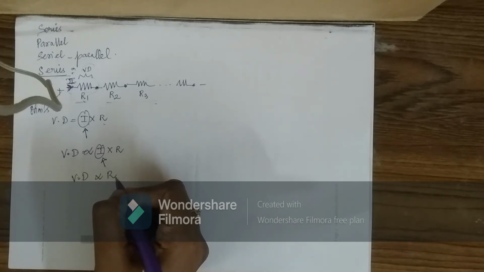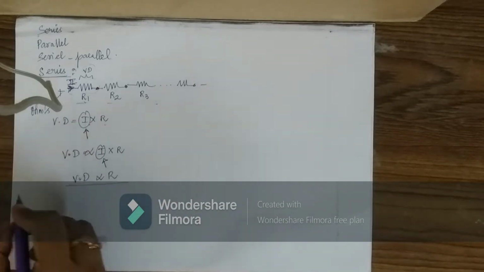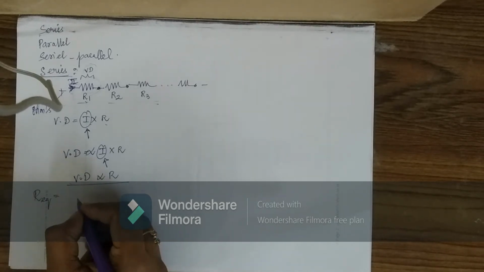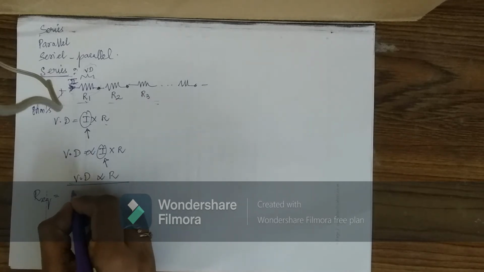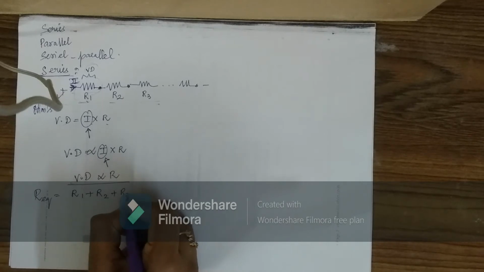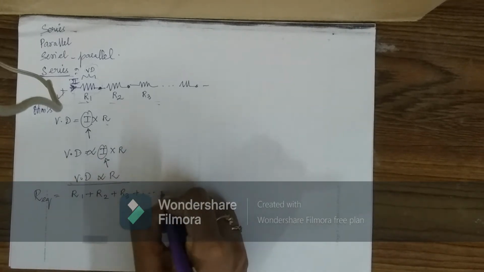As it is directly proportional, the R equivalent for resistors connected in series is the arithmetic sum of the individual resistances. That is, R equivalent is equal to R1 plus R2 plus R3 up to Rn.